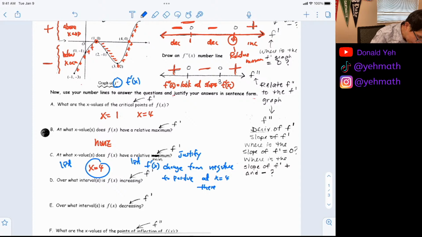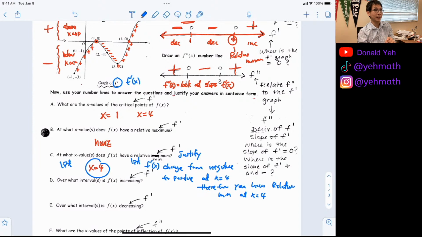Therefore, you have a relative min at x equal to 4. That's exactly the statement you're going to write down in order to get a point. That's one easy point. It has nothing to do with math. You just have to write down the statements.